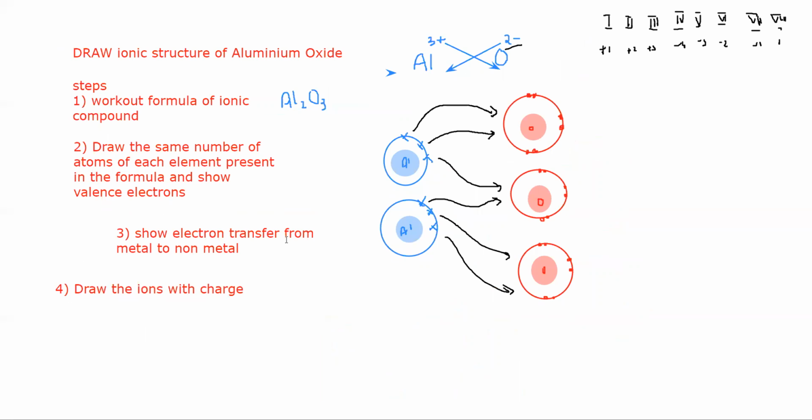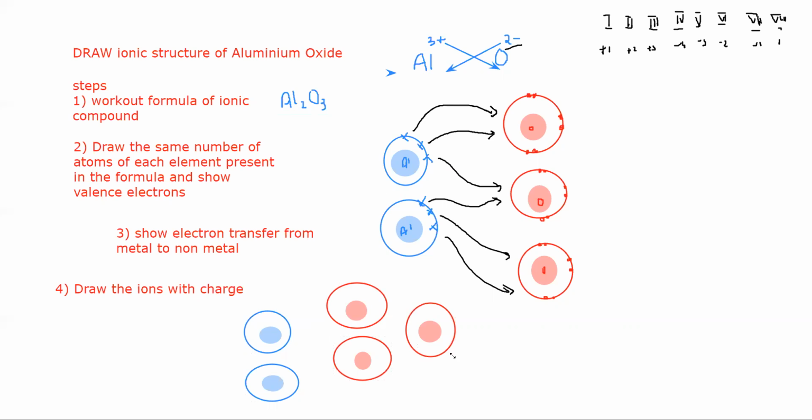In this case, because aluminium lost and oxygen gained electrons.